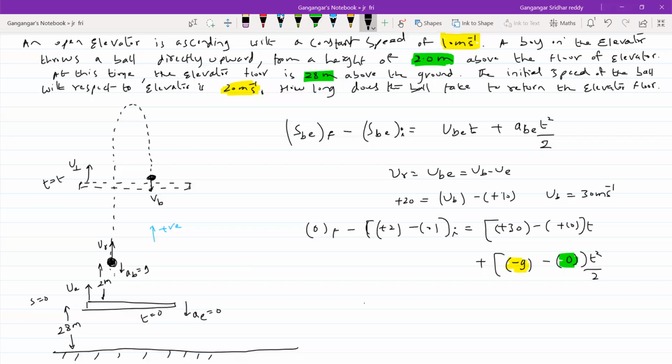So this will be minus 2 is equal to 30 minus 10. So this will be 20t plus g t square by 2. Anybody, the value of t? Sir, 10 plus or minus under root 110 by 5.